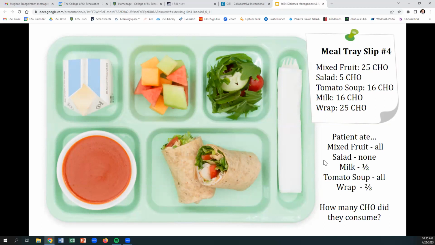So hopefully you came up with about 66 or 65.5 carbohydrates. Remember our rounding rule. We can round up on the carbohydrates. So this would be 66 carbohydrates. All right, let's go to the next one.